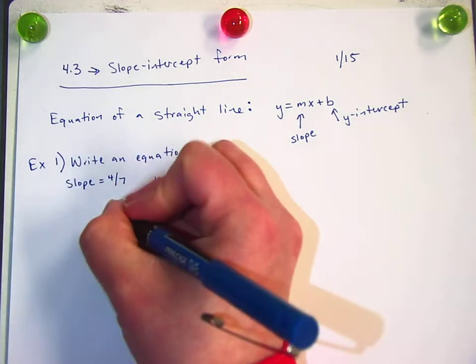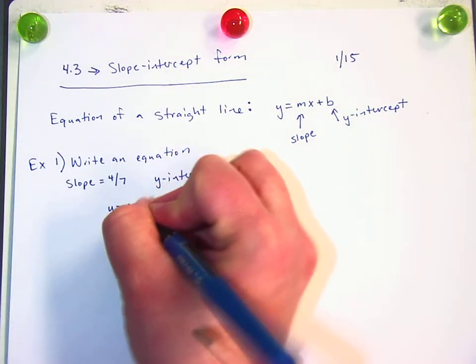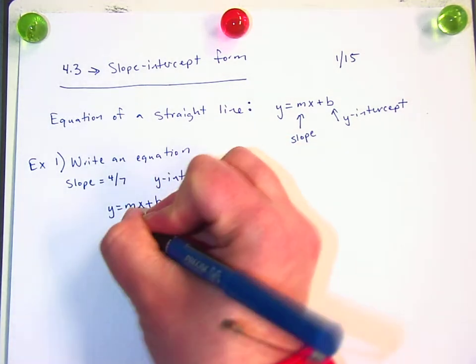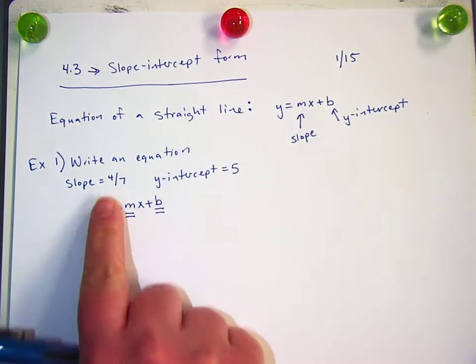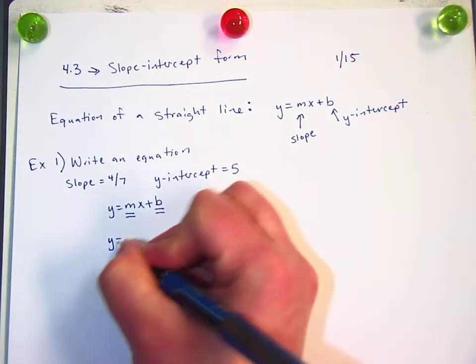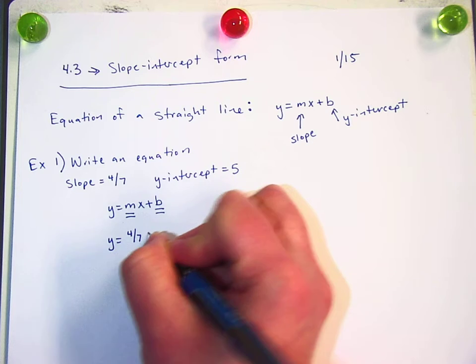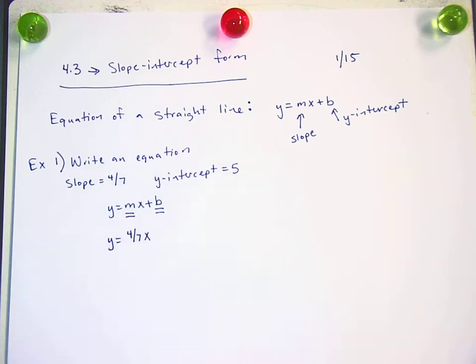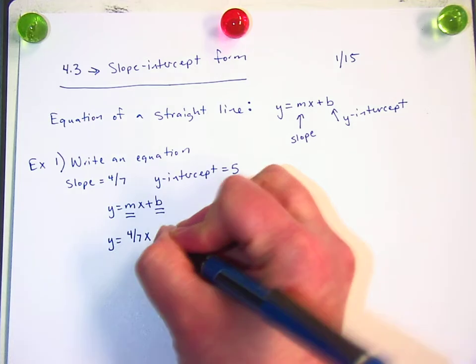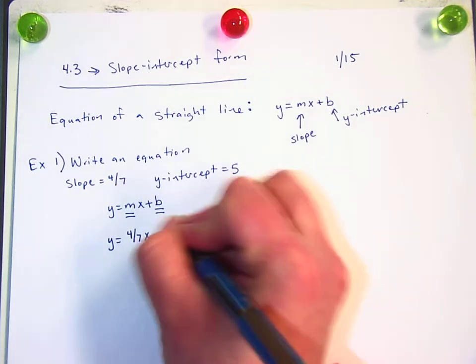Okay, so I'm going to write the equation y equals mx plus b. But then I'm going to replace the m and replace the b with 4/7 and 5. So the slope is 4/7 like that. Notice that I don't have an m in there anymore because I replaced it with the 4/7, but there's still an x plus 5 like that.